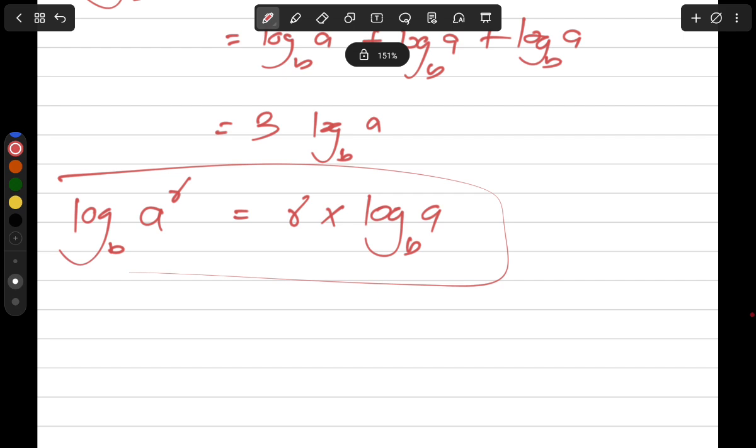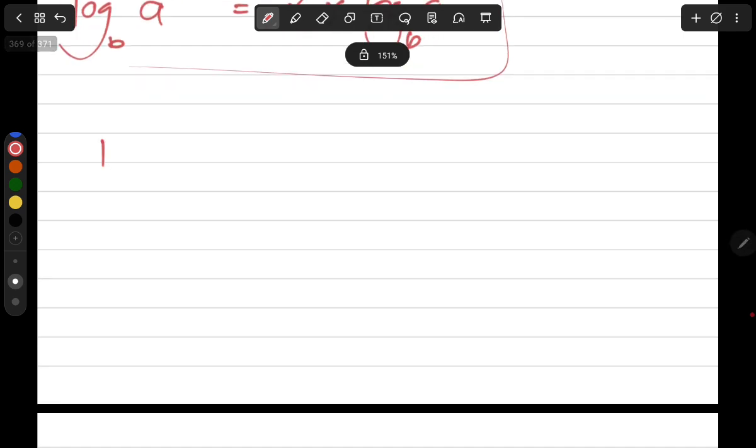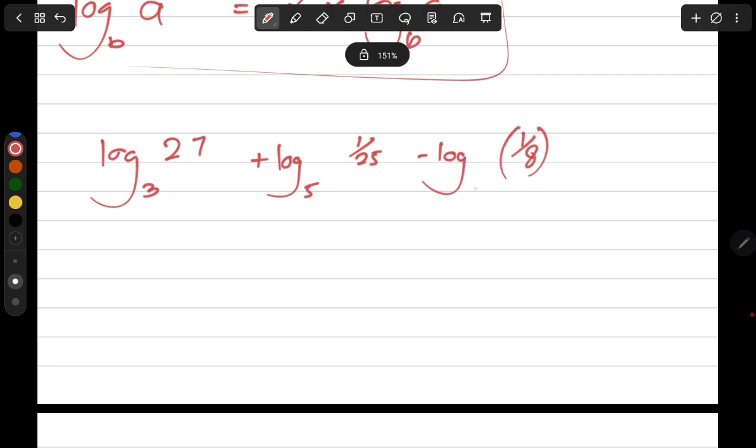Now let's finish today's lecture with a genuine Cambridge style question, which is, let's say, evaluate log 27 to the base 3 plus log 1 upon 25 to the base 5 minus log 1 upon 8 to the base 2. Okay.